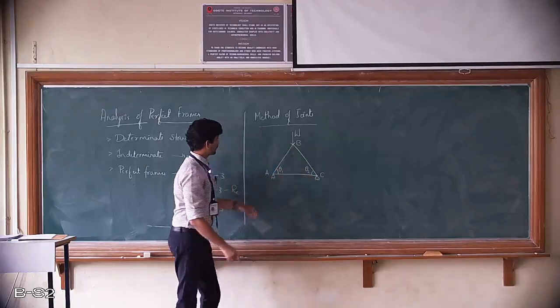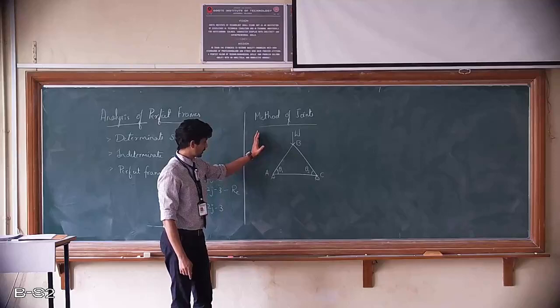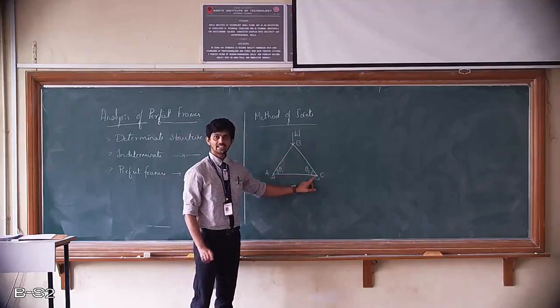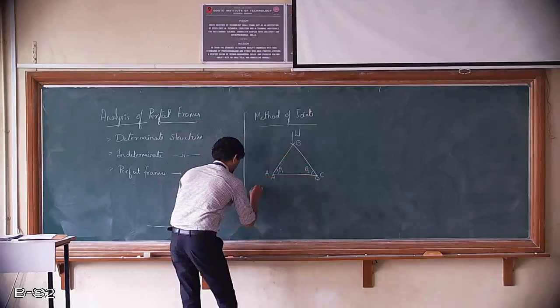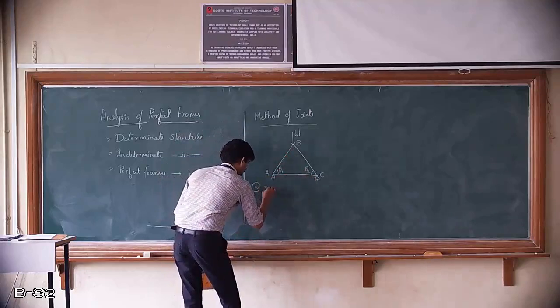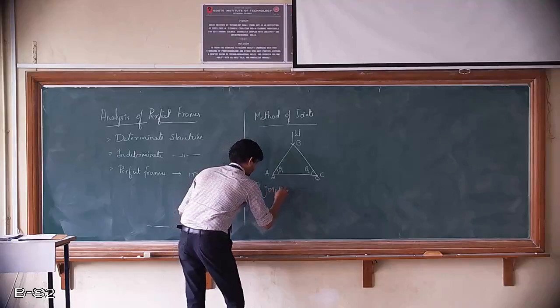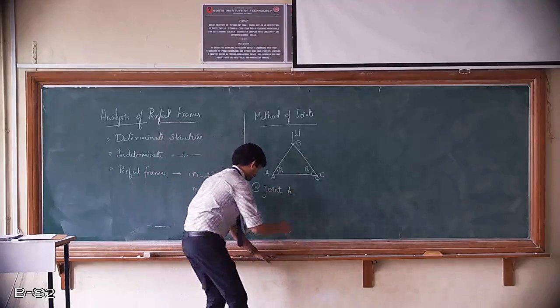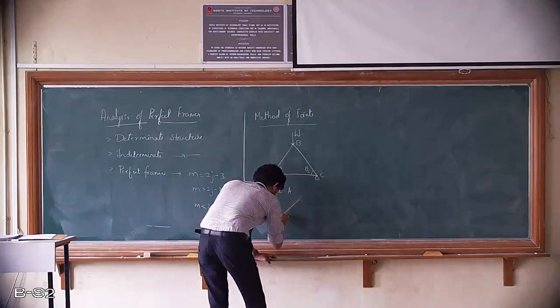Now we will be applying this method at the joints to find the internal as well as external loads. So let us consider the first one at joint A. Let's redraw how that joint A appears.